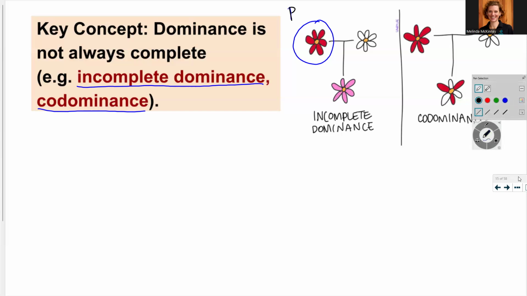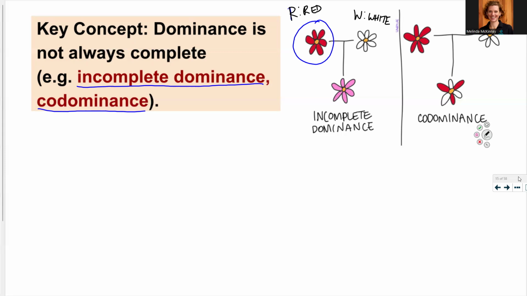Capital R is for red, and W is going to be for white. Notice that I'm not using capital and lowercase. They're both capital, so they're codominant or incomplete dominant. There's no recessive in this case.